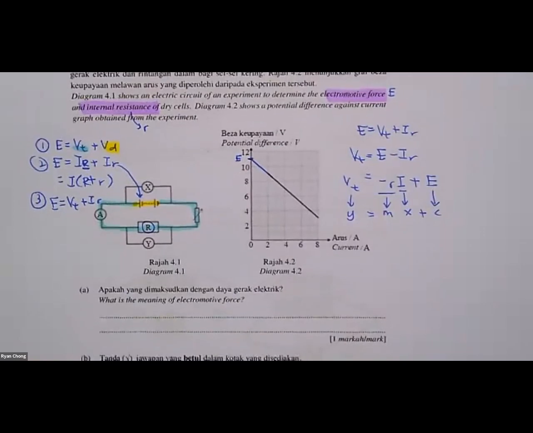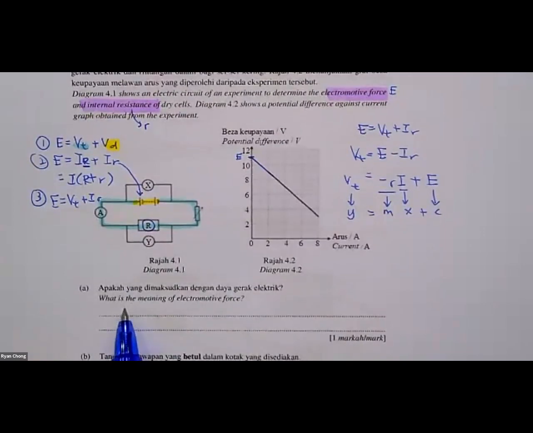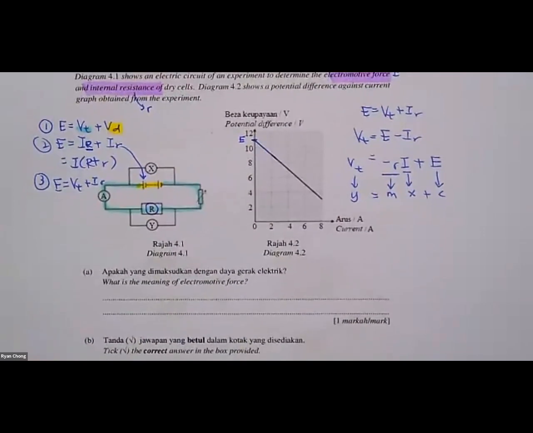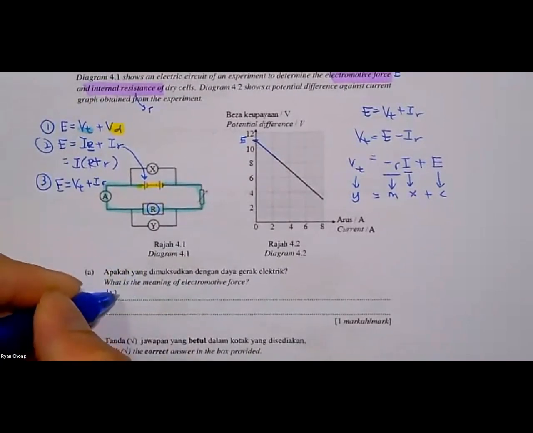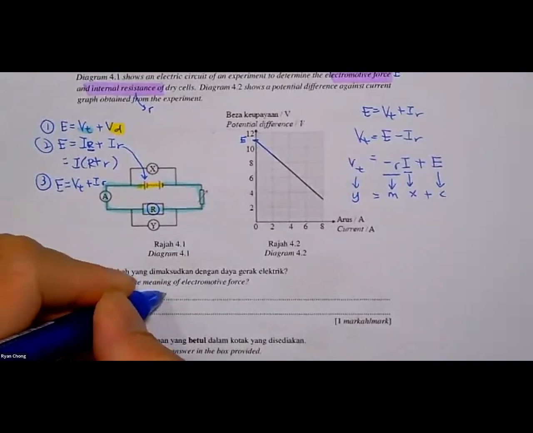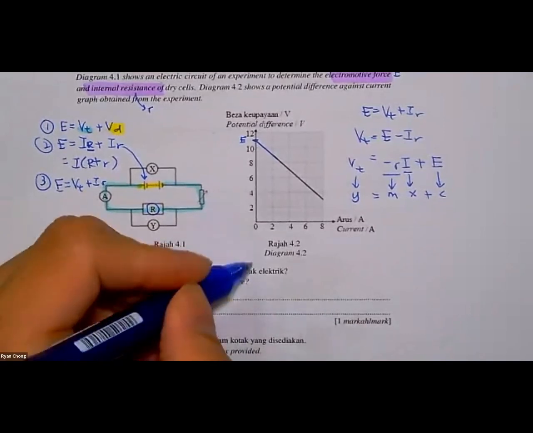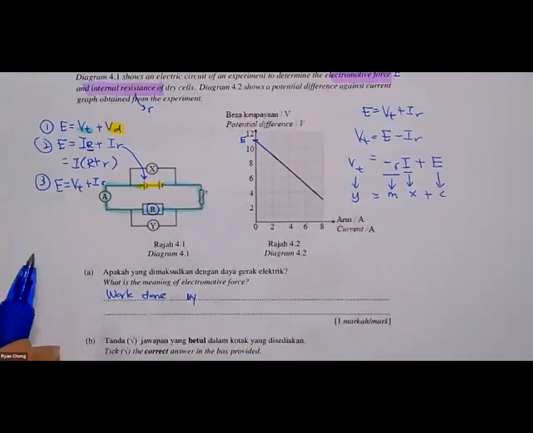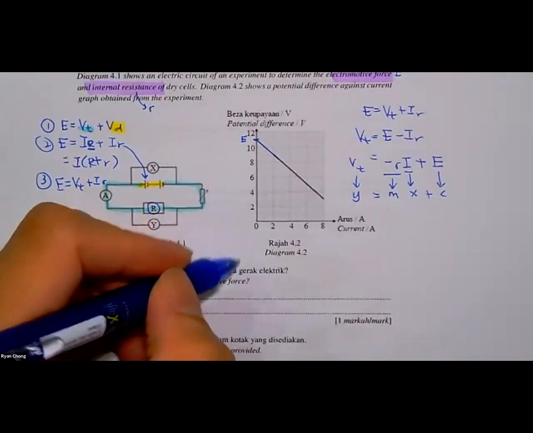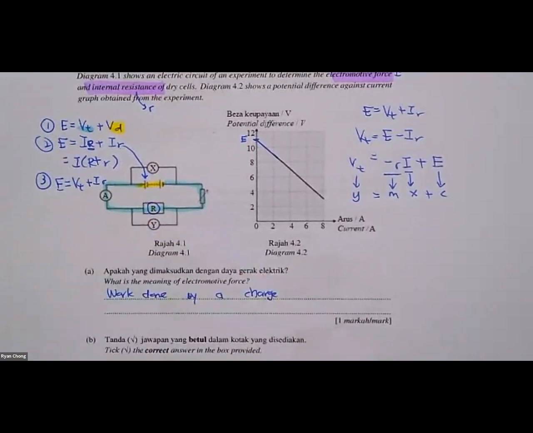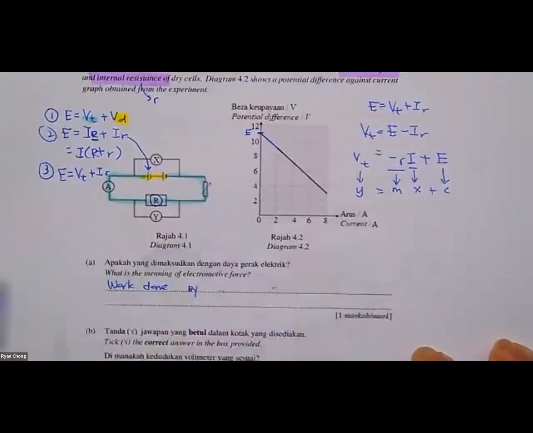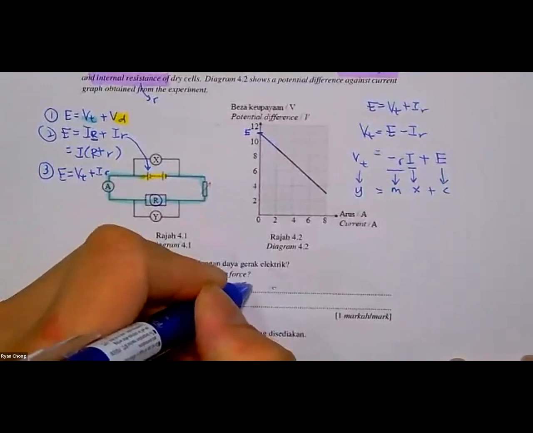Now the question asks, what is the meaning of EMF? The work done by a coulomb of charge transferred in a complete circuit.